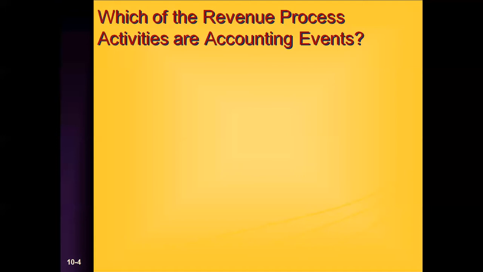Okay, so we start out here with the delivery of goods and services. So what happens in the accounting system with regard to this particular area? Well, first of all, you have an increase in sales revenue. Always a good thing, right?